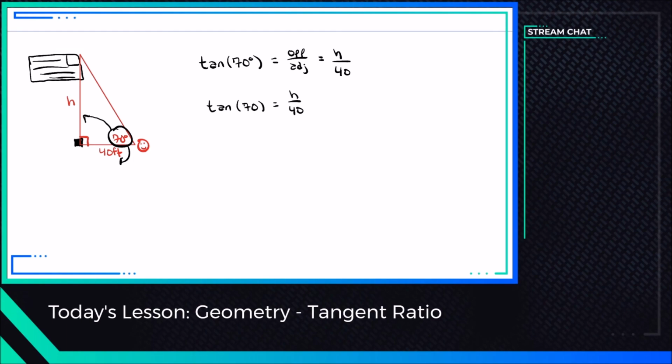And so we need to multiply both sides by 40 to get 40 multiplied by the tangent of 70 is equal to H. And if we go to our calculator and type that in, 40 multiplied by the tangent of 70 is equal to 48.87. We'll approximate that as 48.9 feet.